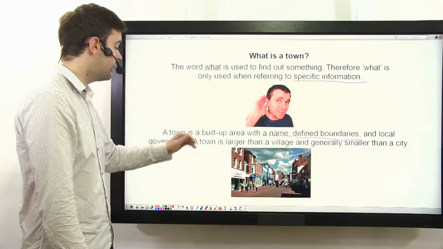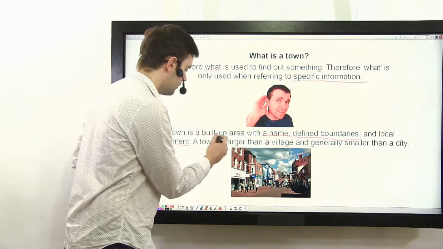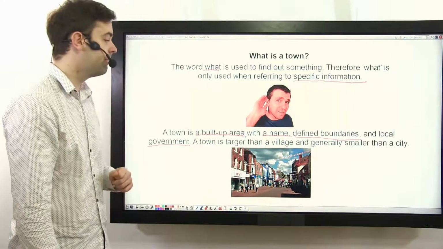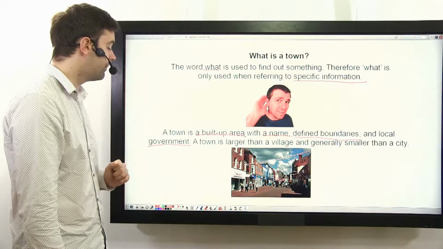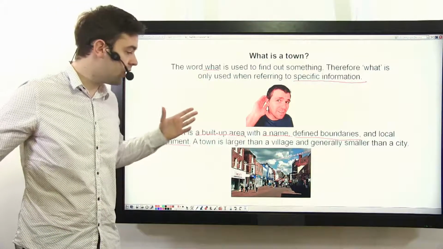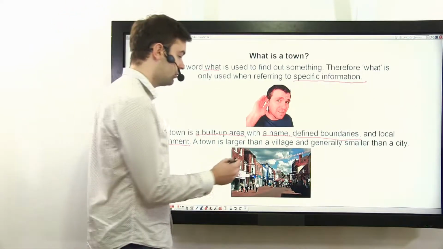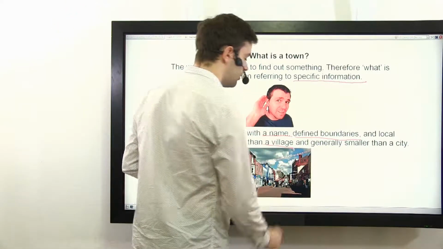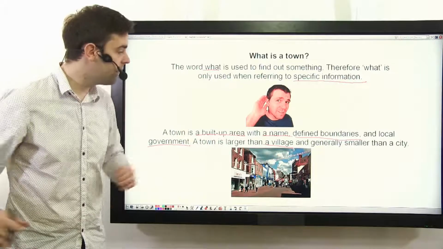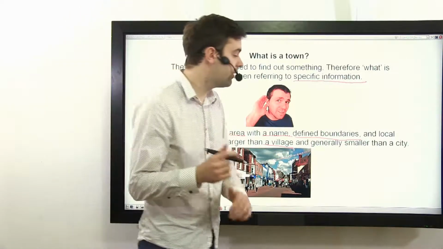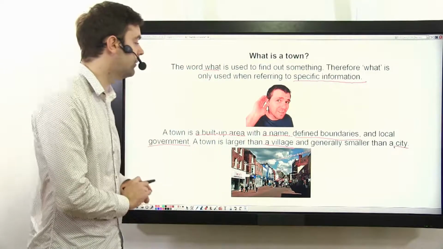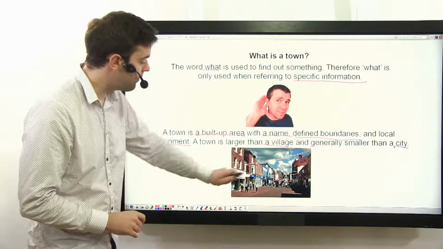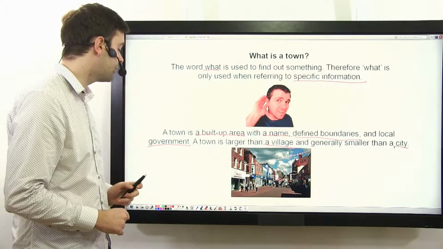A town is larger than a village, and smaller than a city. And here we have a picture of a town.